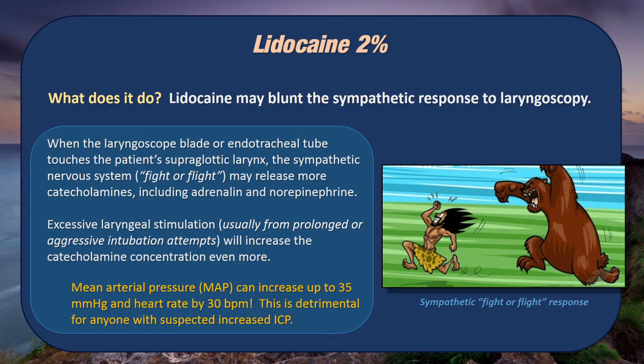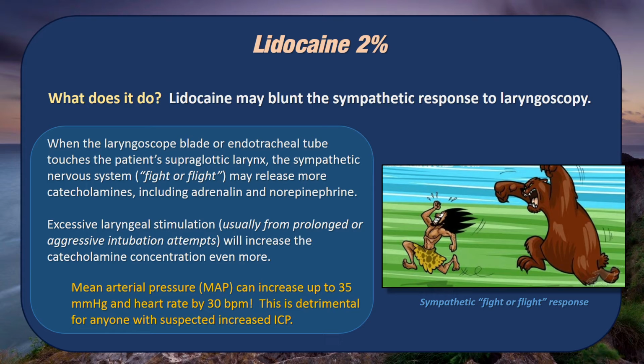Remember that it blunts a sympathetic response once the blade gets into the throat and touches the larynx. That's where we will have a sympathetic nervous system response, the fight or flight, and that's where we're going to start releasing the catecholamines, the adrenalines, the norepinephrines.